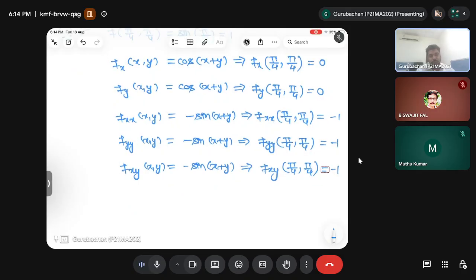Now we need to substitute into Taylor's theorem so that we can get the quadratic polynomial. So I'm writing this as P2 x y, that is a polynomial of degree 2. So this will be f at x naught y naught plus, I'm just writing it after opening the square, h times f at, rather than x naught y naught, pi by 4 pi by 4, because we know the points.